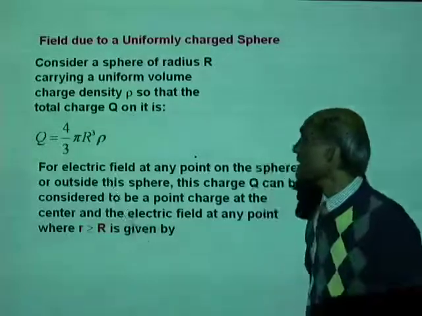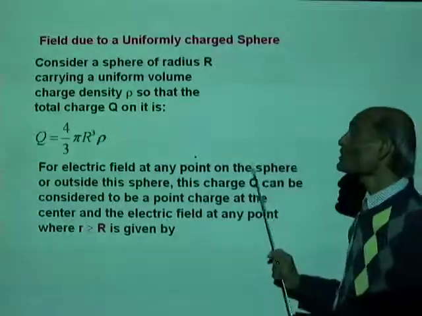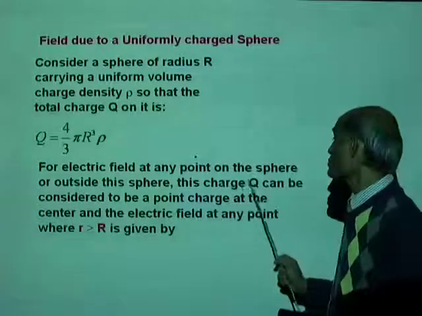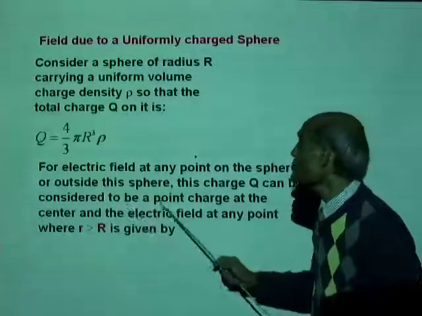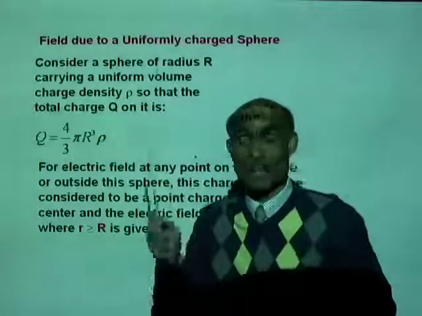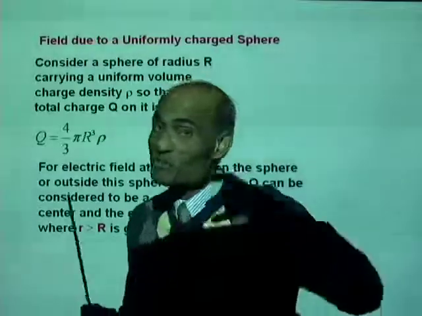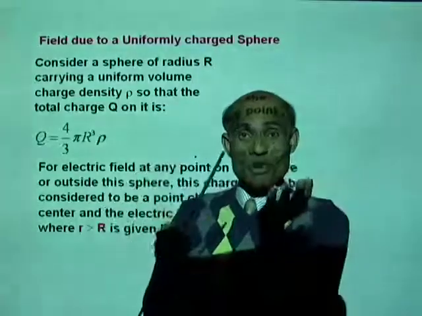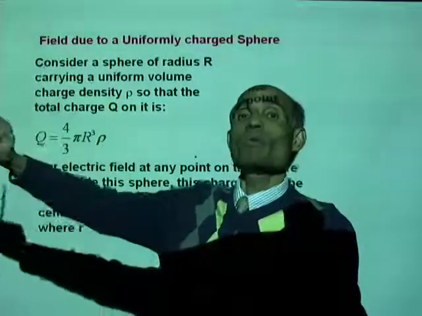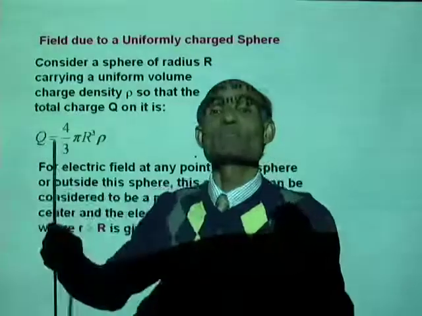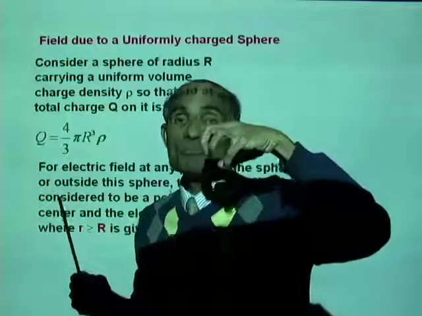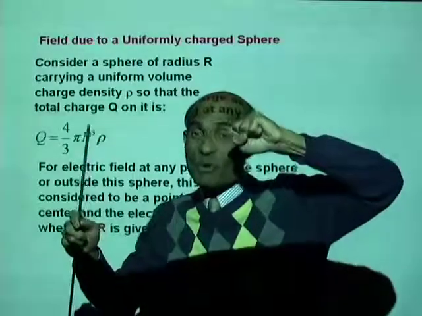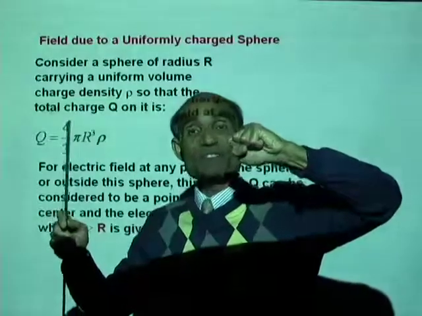For electric field at any point on the sphere or outside the sphere, this charge Q can be considered to be a point charge. You see, just like the shell, the electric field on the surface of the shell or any point outside of it, the amount of charge on the shell behaves as though it is concentrated at the center.